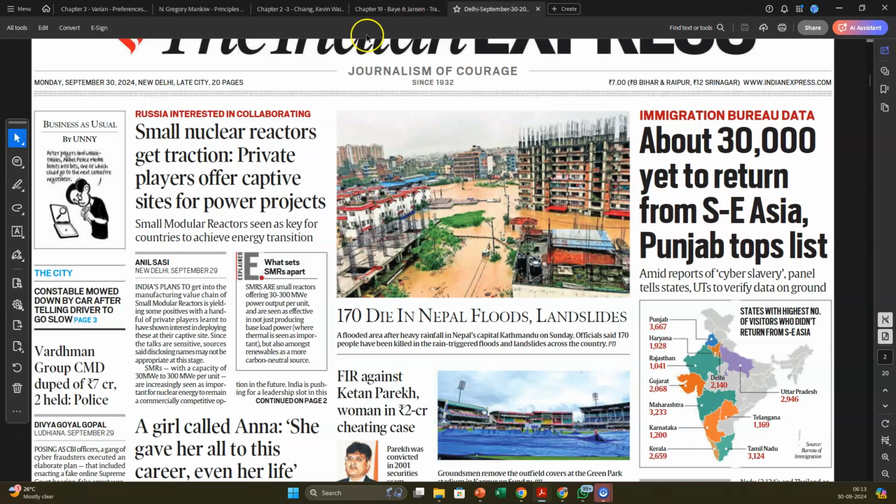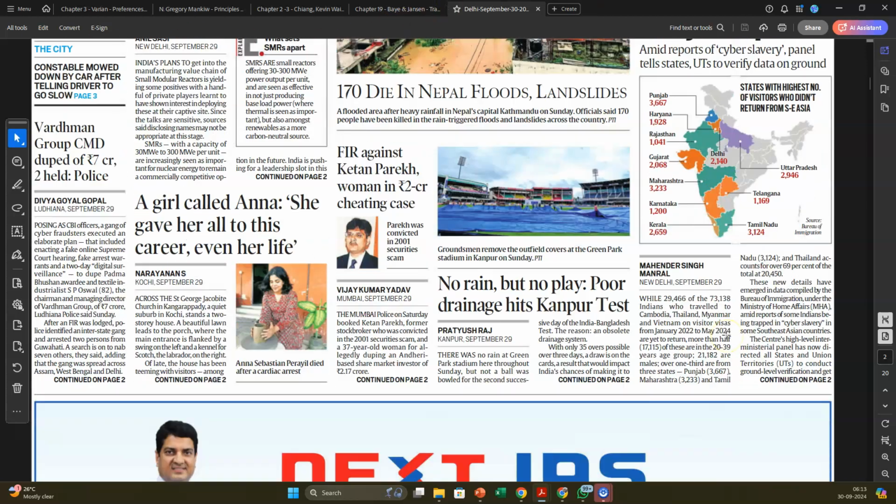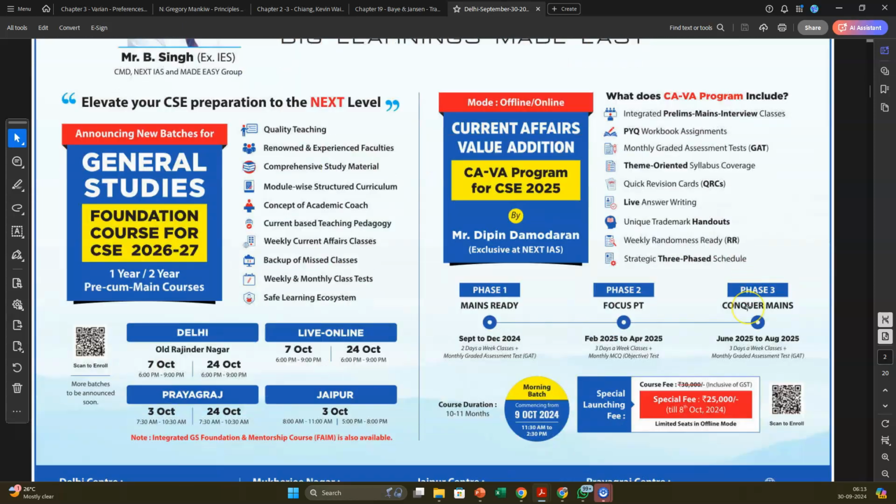This is based on a report sought by the ministry, because a lot of people were trapped in Southeast Asian countries as cyber slaves. So you can read about this particular crime as well.